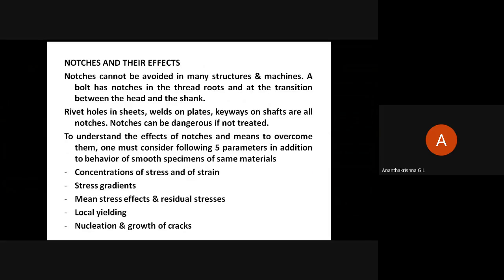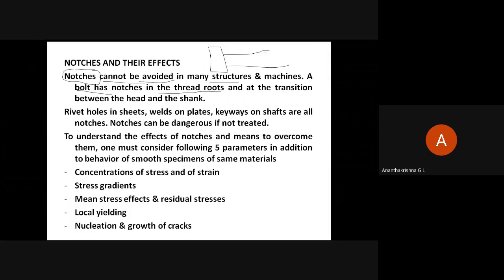All these things are called notches, and these notches cannot be avoided in many structures and machines because we need to drill, put bolts, and all those things. So notches will be present definitely in all the components that we use. So a bolt basically has a notch in the thread roots, and at the transition between head and shank. So this is the head, for example, and this is the shank.